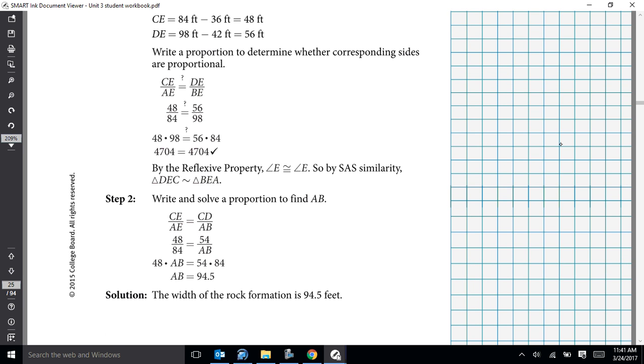So again, we're going to use our proportion, substituting in the numbers. So the width of the rock formation is 4.5. That is 175. And we're actually applying.